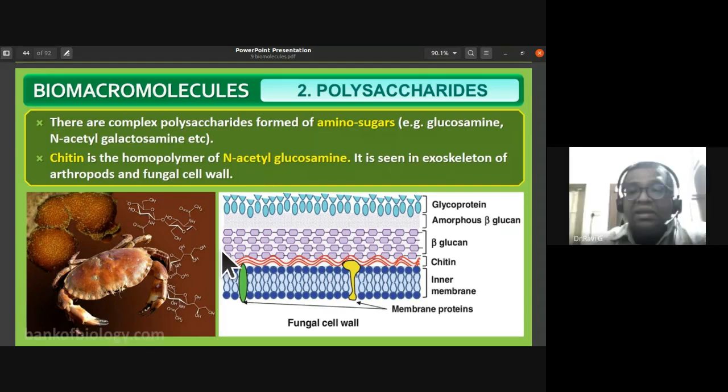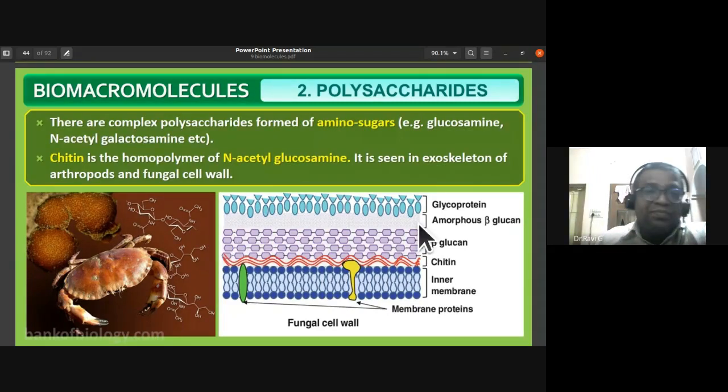You can notice that in the fungal cell wall, chitin is a polymer of N-acetyl glucosamine. In the arthropods, the exoskeleton is also made up of the homopolymer of N-acetyl glucosamine. When we say homopolymer, the monomers are of the same type. That is why we use the term homopolymer.